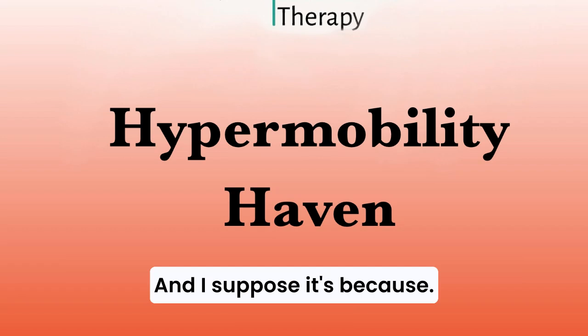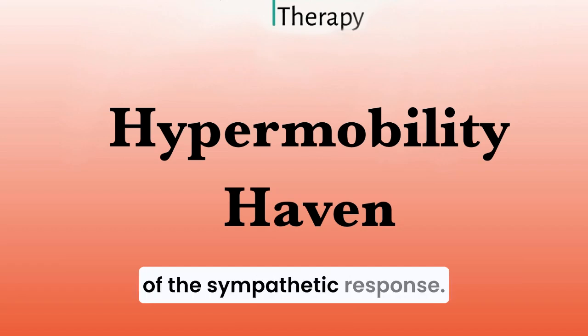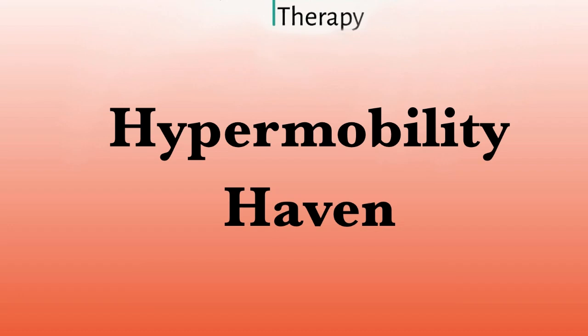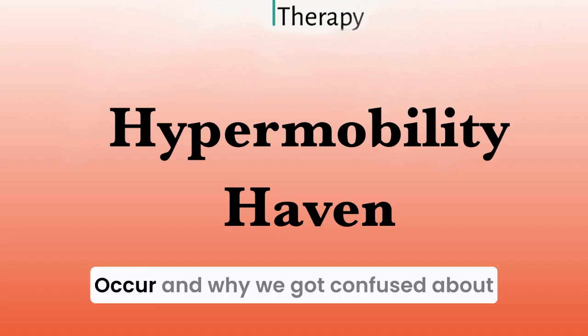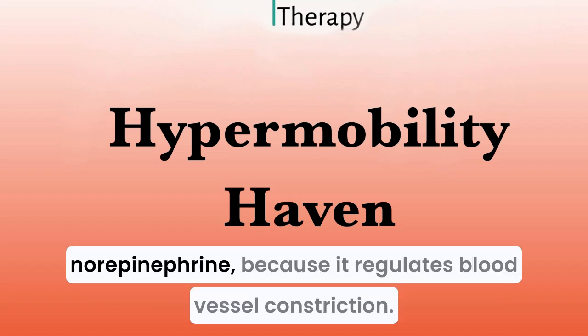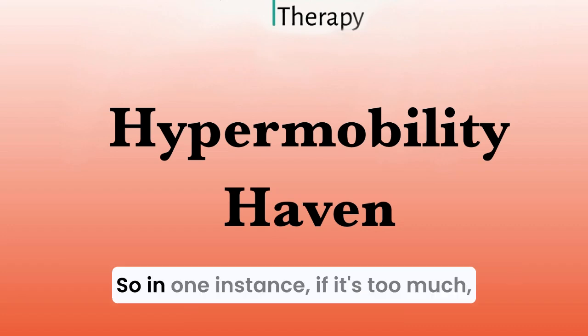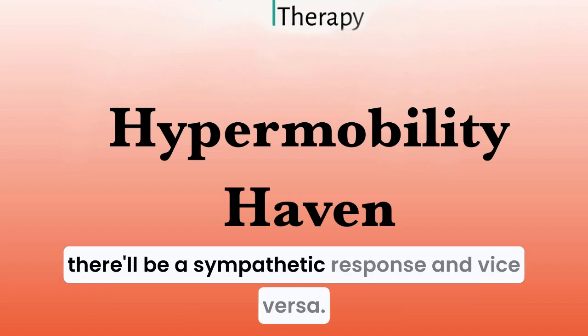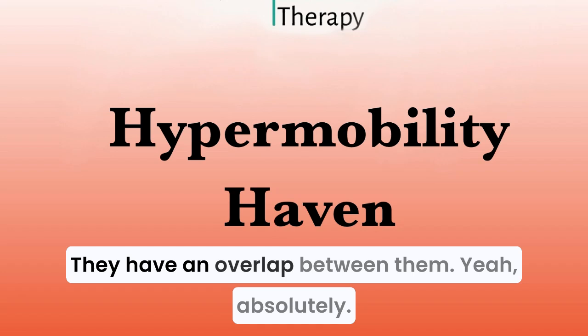And I suppose it's because of the whole nature of the sympathetic response. That's why it can occur or co-occur, and why we got confused about norepinephrine, because it regulates blood vessel constriction. So in one instance, if it's too much, there'll be a sympathetic response, and vice versa. So that's why they have an overlap between them.